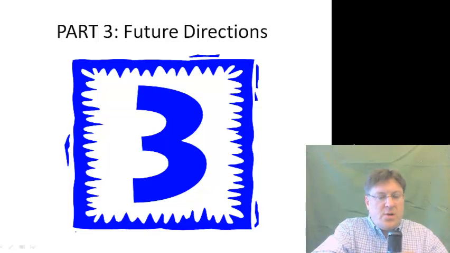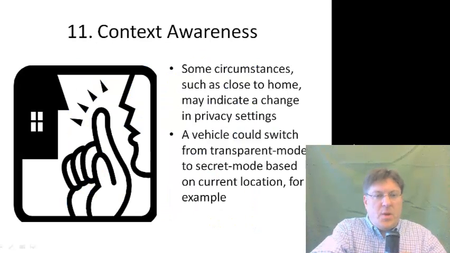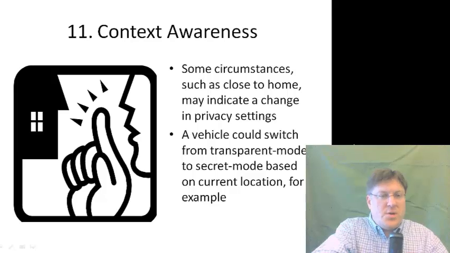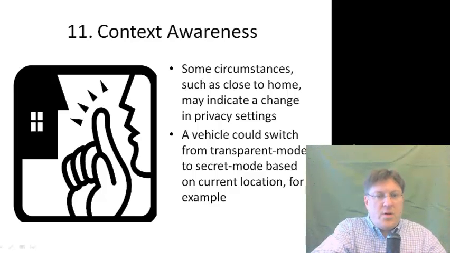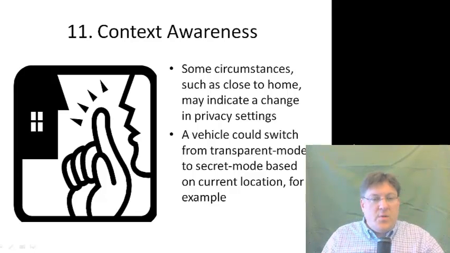So let's take a look at future directions. Basically, there are two future directions I want to focus on. One of them is context awareness. In other applications, privacy is context aware, but not so in vehicle research. I haven't found any papers on that yet. There could be some, but I haven't found any. There are times when, for example, your car is close to home and you might want to go transmission silent.